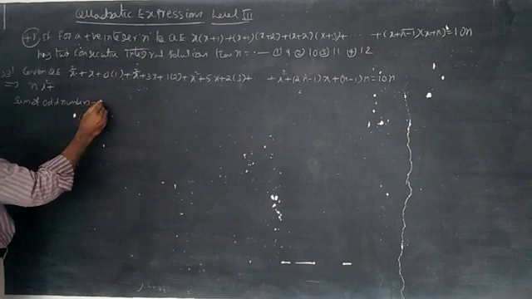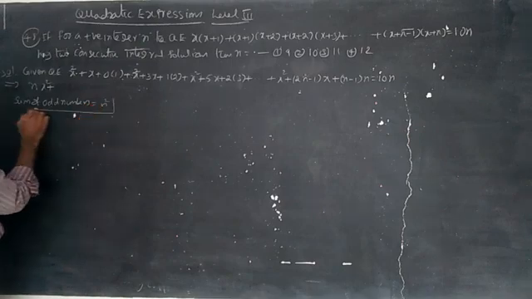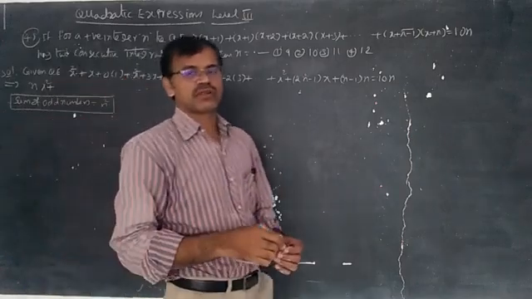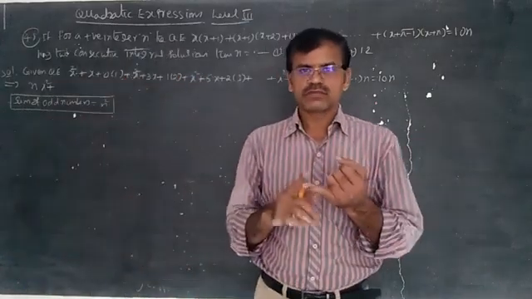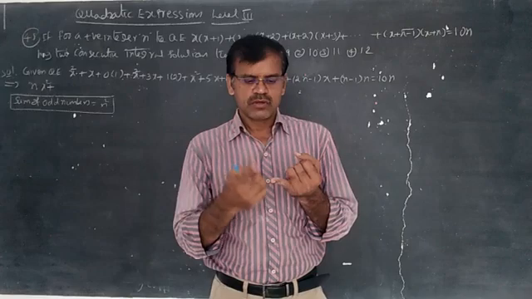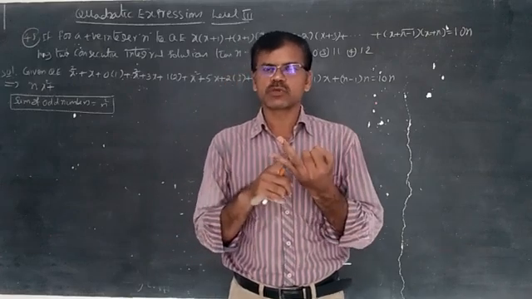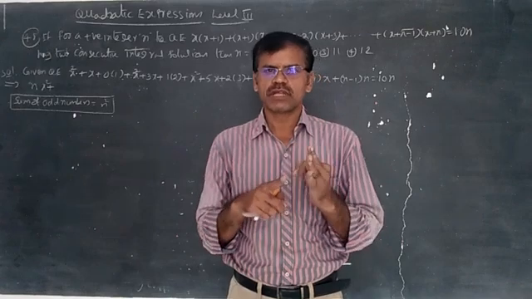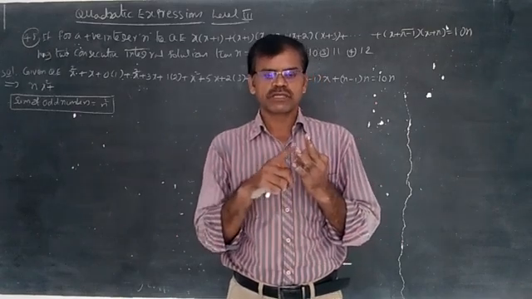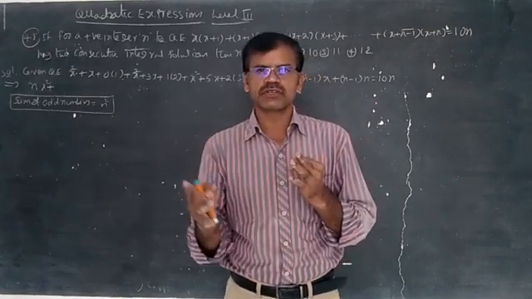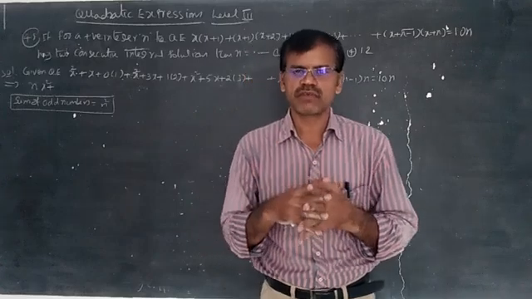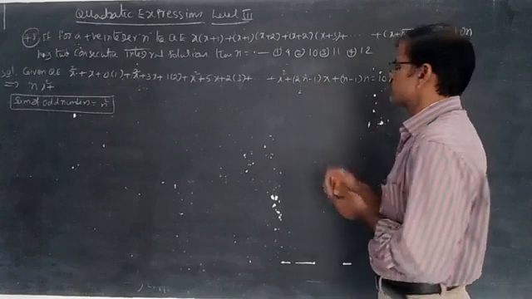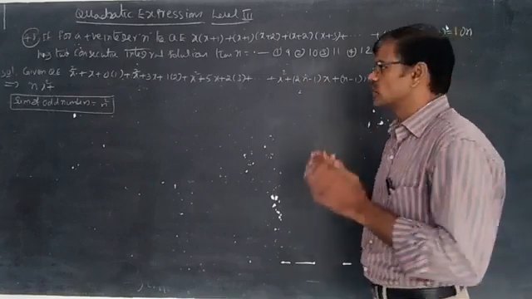Plenty of times I said to you that it is n square. If you have any doubt: 1 is 1 square; 1 plus 3 is 4, 2 square; 1 plus 3 plus 5 is 9, 3 square; 1 plus 3 plus 5 plus 7 is 16. So 2n minus 1 indicates the odd numbers notation.